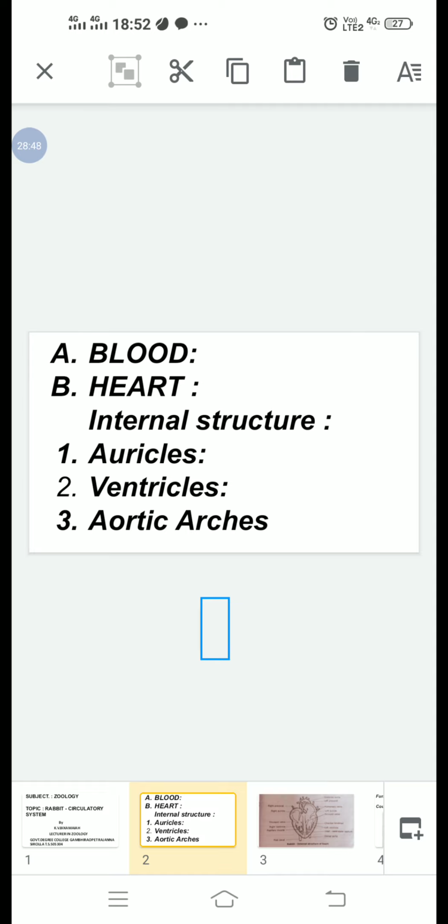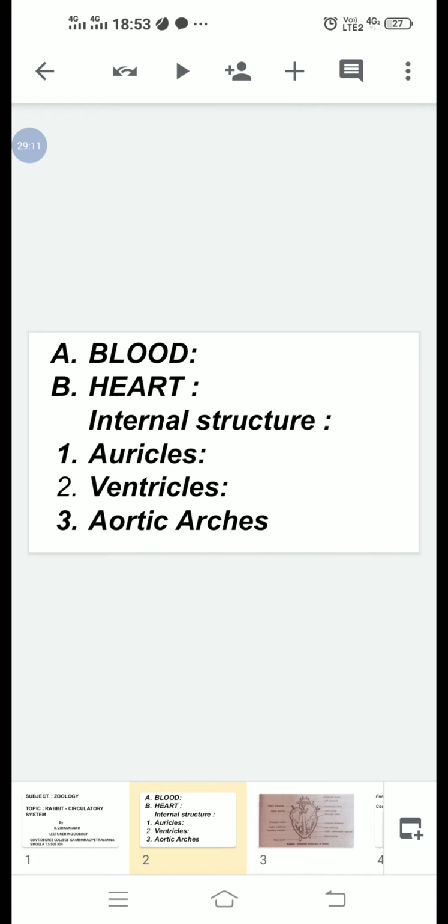Next, internal structure. The ventricular section of the heart shows the details of the internal structure as described below. First of all, auricles. The two auricles, left and right, are present in the heart of the rabbit. They are the anterior chambers of the heart.